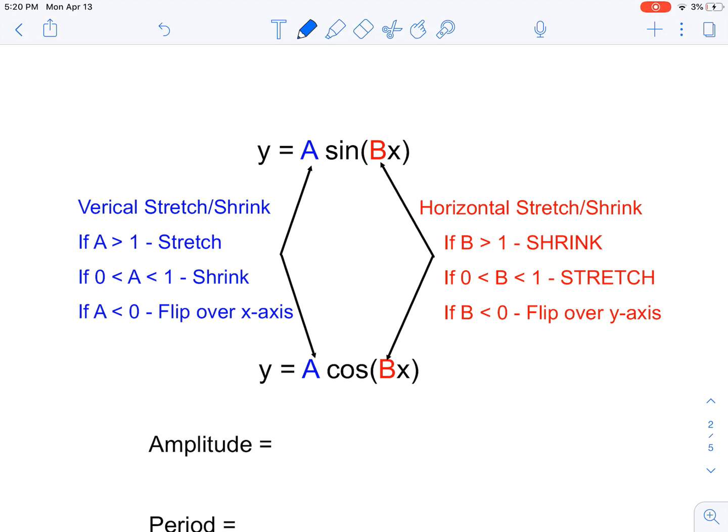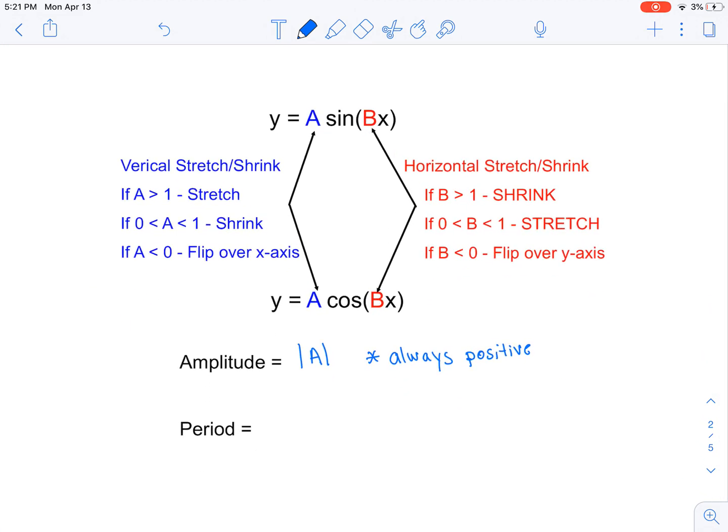And our amplitude is always going to be a distance, so our amplitude is always going to be the absolute value of A. And it's always positive. So that's going to be our vertical stretch and shrink. So you'll remember that back when we did those graphing, if we had something multiplied on the outside of the function, that changed the vertical stretch or shrink.